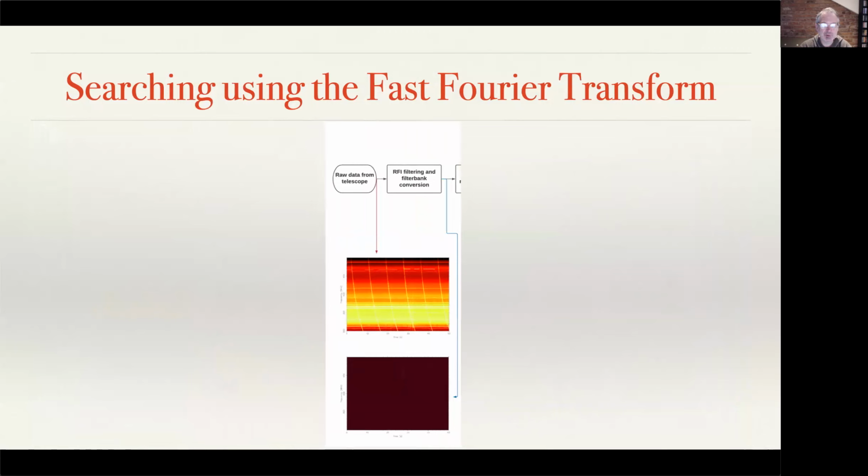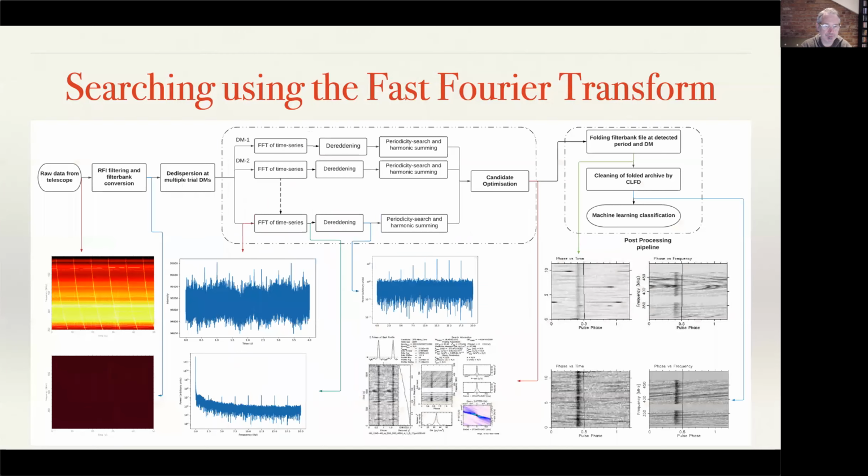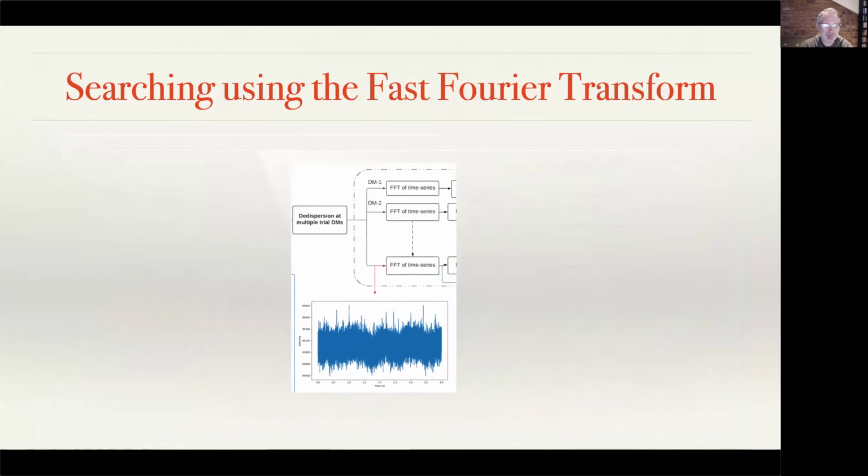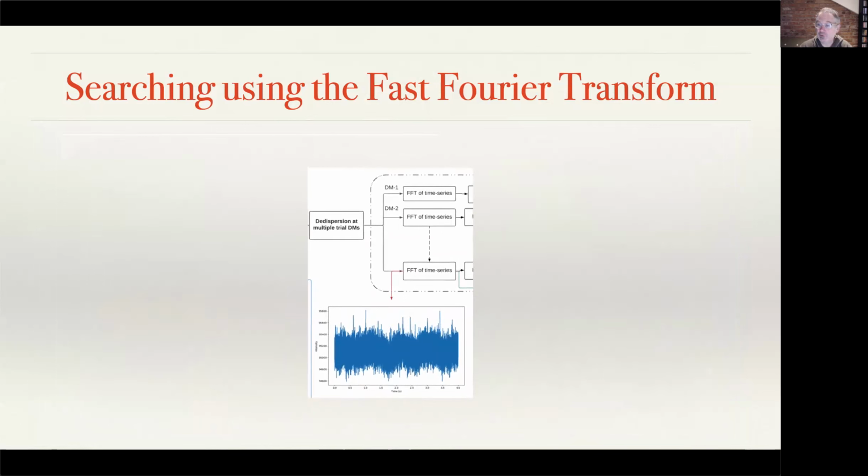First we start off with a procedure similar to what we discussed for the single pulse search, where we take the raw data from the telescope and clean it from interference. So we remove the radio frequency interference. The next step is the de-dispersion, and we need to do it at many, many dispersion measures, as we did for the single pulse search.